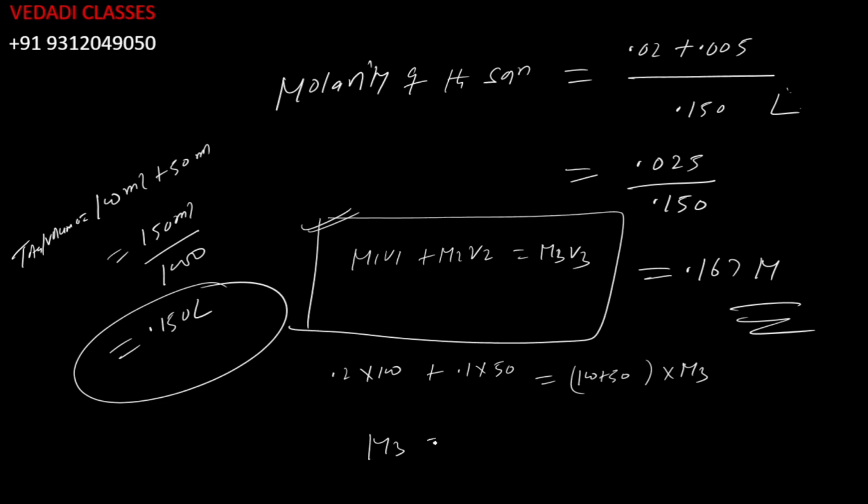So M3 will be what? Remove the decimal: 20 plus 5 is equal to 150 into M3. Then M3 will be 25 divided by 150.